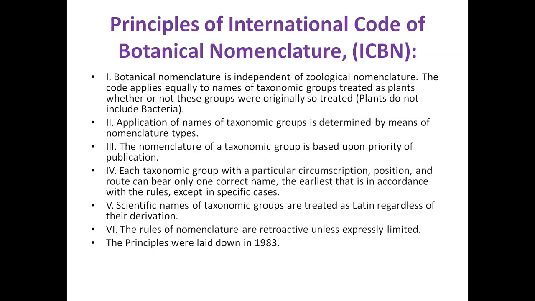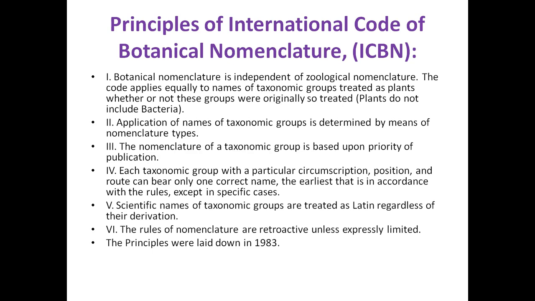This ICBN code applies equally to names of taxonomic groups treated as plants, whether or not these groups were originally so treated. That means plants do not include bacteria. So the botanical nomenclature is different from animals' zoological nomenclature. That is the first principle.